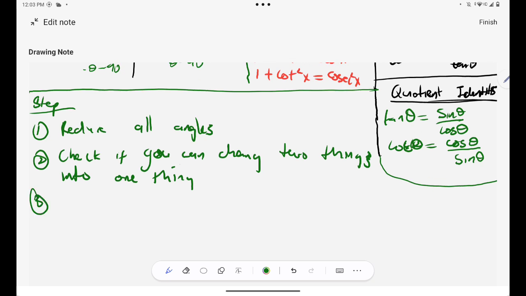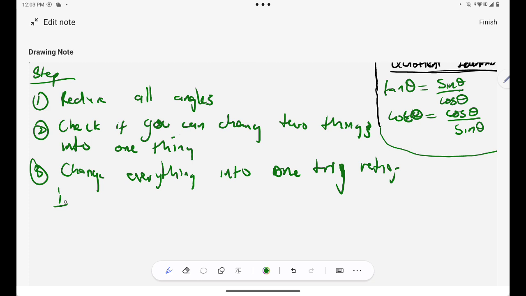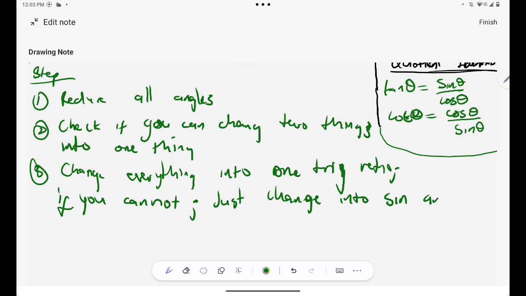Thirdly, we must change everything into one trig ratio, and if we cannot do that, just change into sine and cos, né?